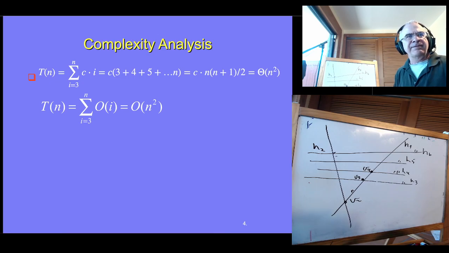I claim that if you change the order of insertion in the examples that you see on the board, it will run in linear time. But what is a different order?